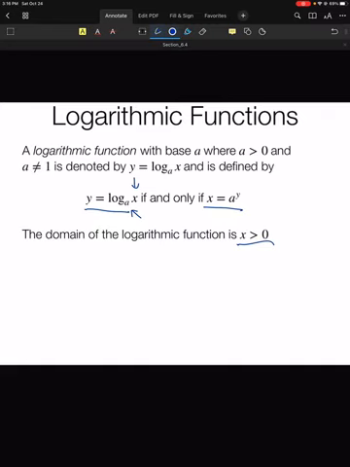If I try log base a of 0, that's not going to be a number, so that's not going to exist. And log base a of anything less than 0 is also not a number. We get an error there, at least for this class.